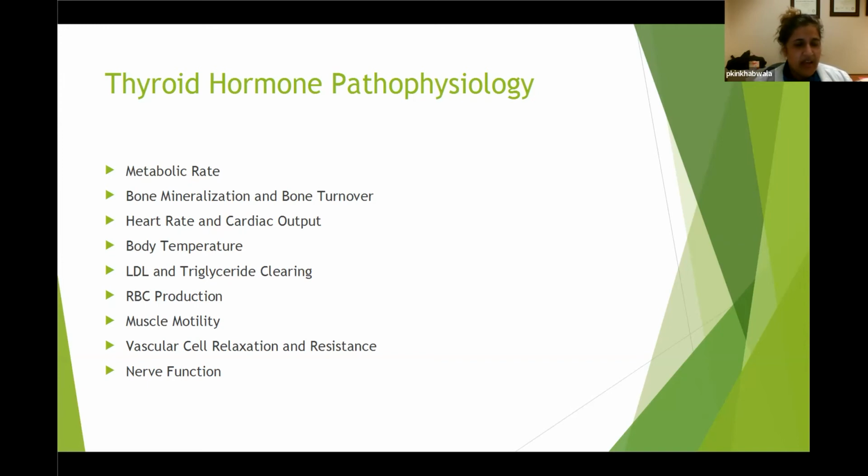The third issue that I want to talk about is heart rate and cardiac output, which we discussed a little bit when we were discussing metabolic rate. During a hyperthyroid state, you will have high cardiac output because of the cells having increased metabolic rate and increasing the heart rate and the cardiac output.